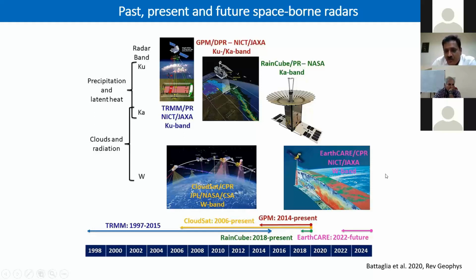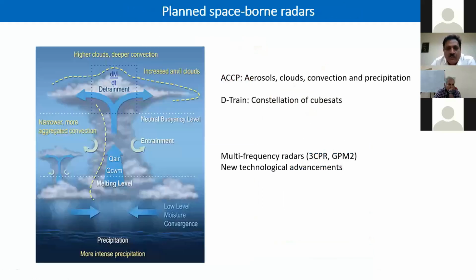And EarthCare is planned to be launched in 2022. It is similar to CloudSat, but with the advantage of Doppler capability. So in the future planned spaceborne radars, in addition to measuring rainfall, vertical distribution and all these things, they are planning to understand the processes occurring inside the clouds. All the future spaceborne radars are planned to understand the processes in addition to measuring.